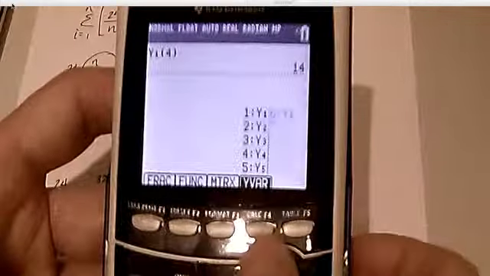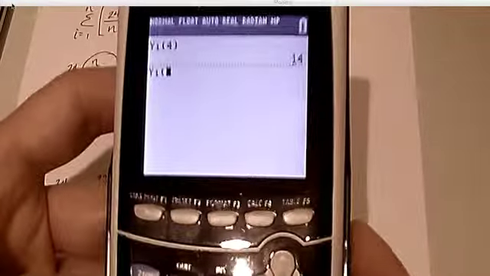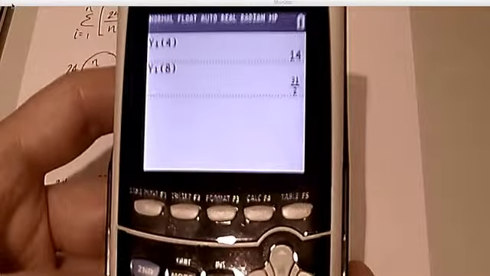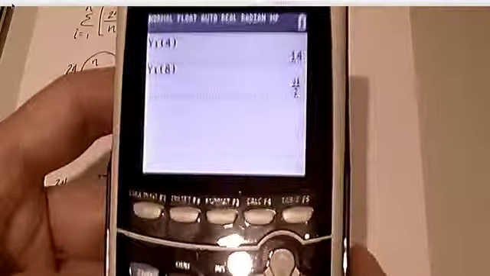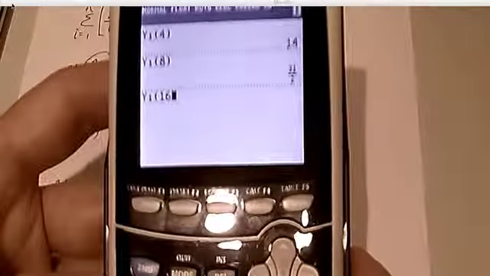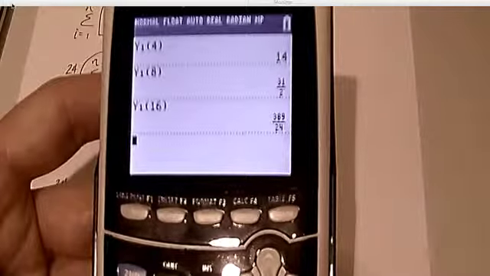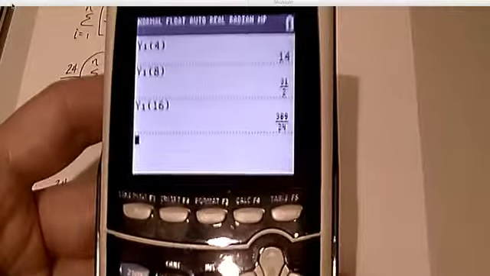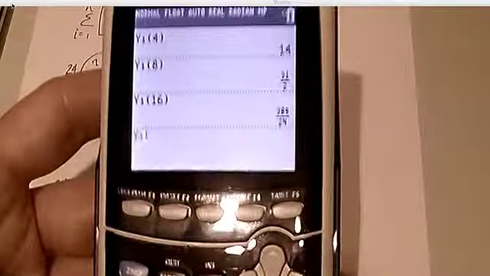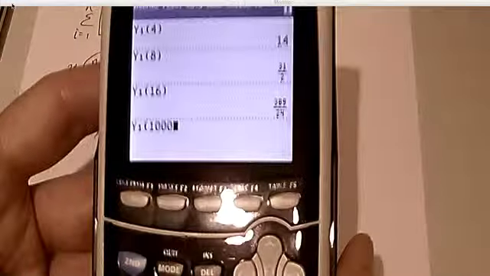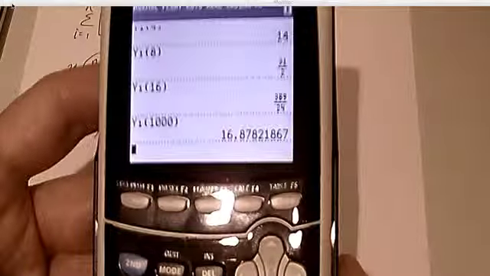We can evaluate y1 at 8, and it's 15 and a half. We can evaluate y1 at 16, and it would be an even better approximation. And here's what happens when I evaluate it for 1,000 subintervals.